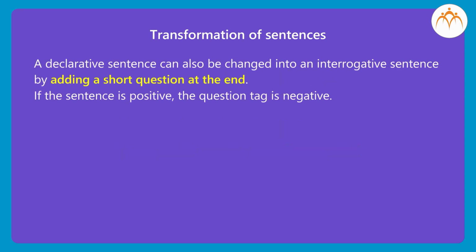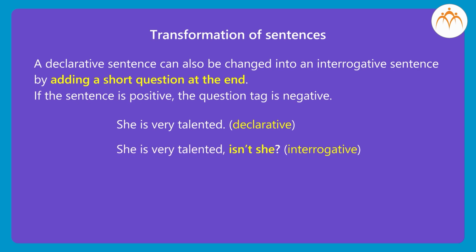A declarative sentence can also be changed into an interrogative sentence by adding a short question at the end. If the sentence is positive, the question tag is negative. For example, she is very talented. This is declarative. In interrogative, it becomes she is very talented, isn't she?